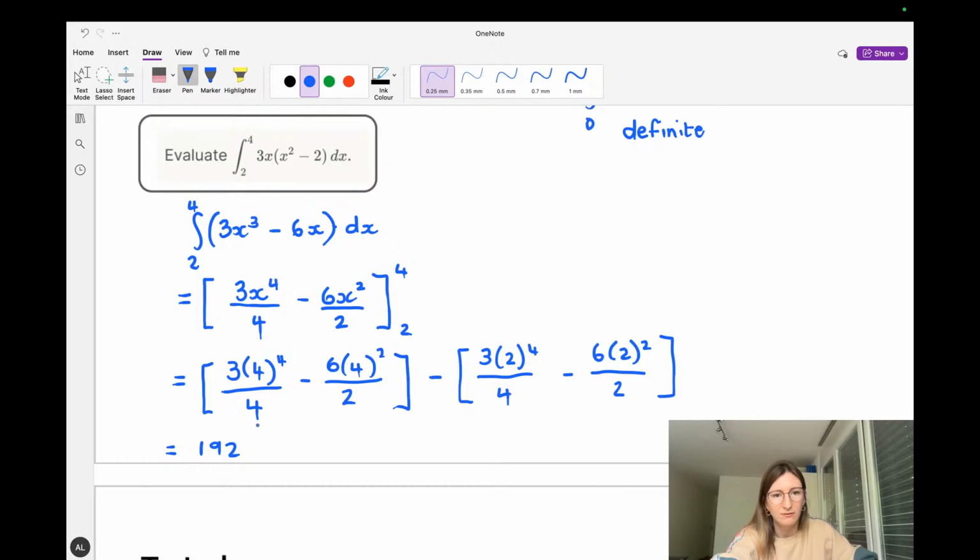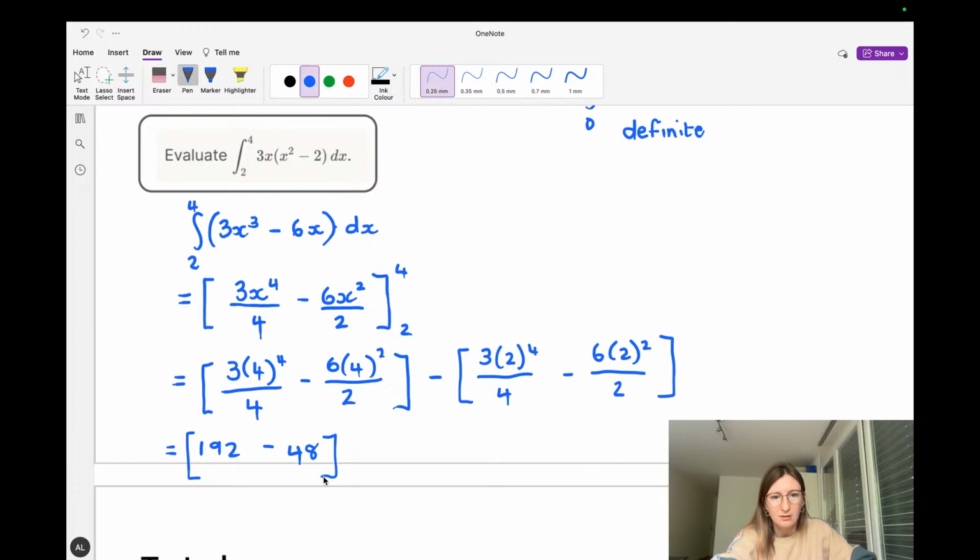I just cancelled one of the 4s there. Let's keep my brackets actually. So 6 divided by 2 is 3. 3 times 16. So we have 30 and 18, so 48.